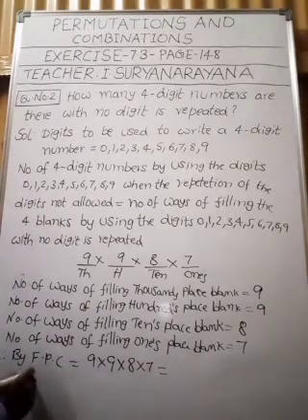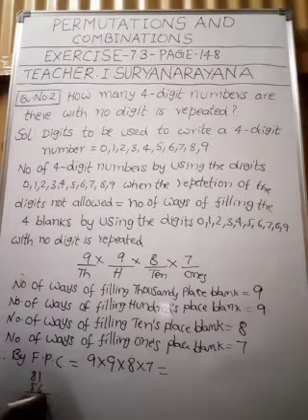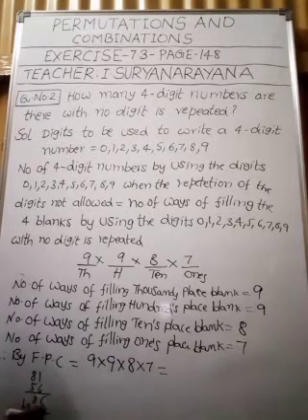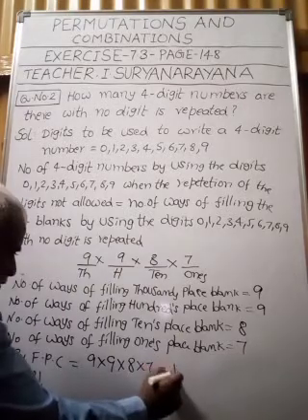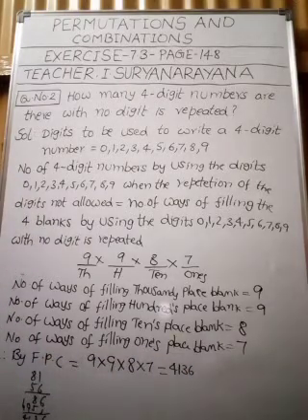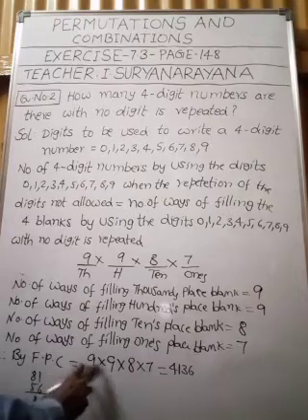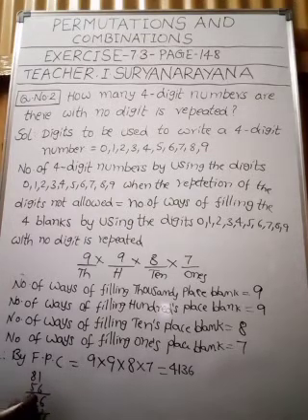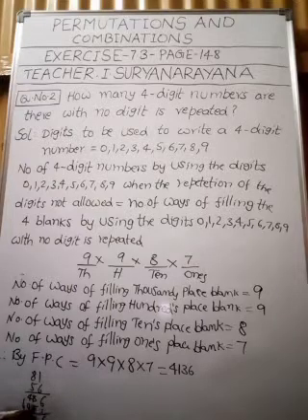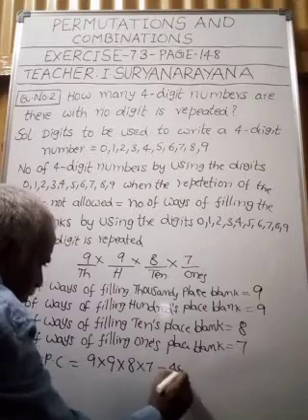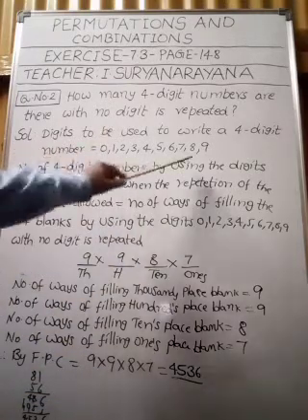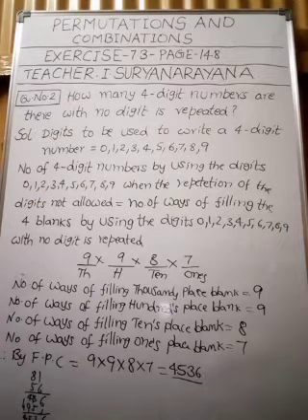Okay, my children, 9 9s are 81, 8 7s are 56, 81 into 56 is 4536. So 4536 4-digit numbers can be formed by using these digits. Understood, my dear children? Right.